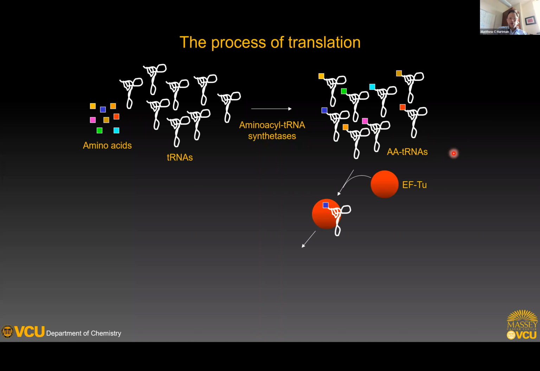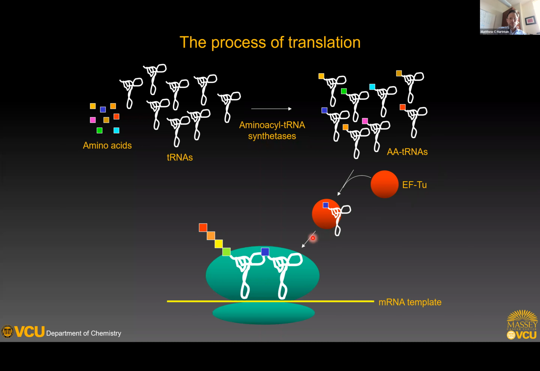These aminoacyl-tRNAs then bind to an elongation factor in E. coli called EF-Tu. EF-Tu takes these aminoacyl-tRNAs and delivers them to the ribosome, which is shown here in this teal structure. In yellow is the mRNA, these squiggly lines are the tRNAs bearing amino acids, and the ribosome will read down the messenger RNA codon by codon by codon, each time bringing in an appropriate new aminoacyl-tRNA.